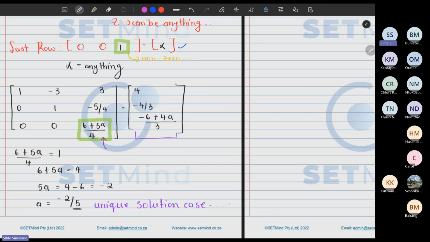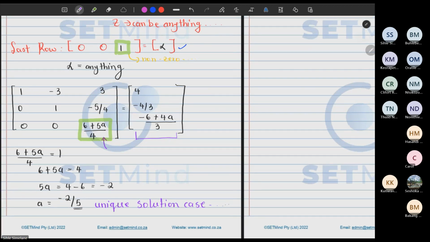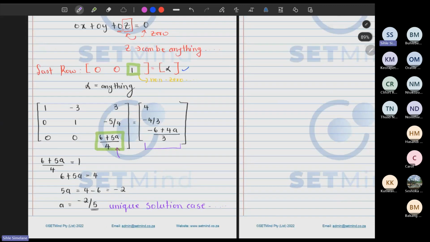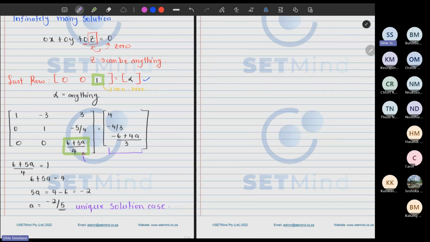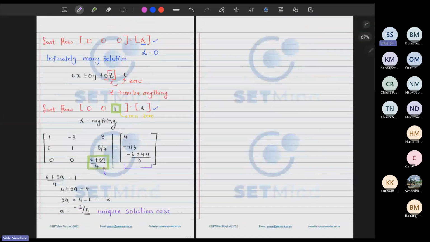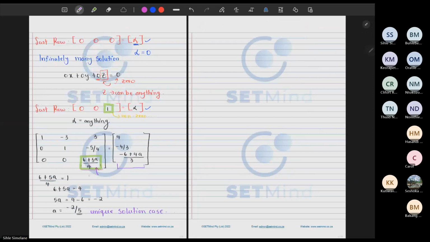So let's say they were saying find a no solution case. So for a no solution case, what we know is that you are supposed to have a 0 there. And here you are supposed to have alpha, where the alpha is non-zero.